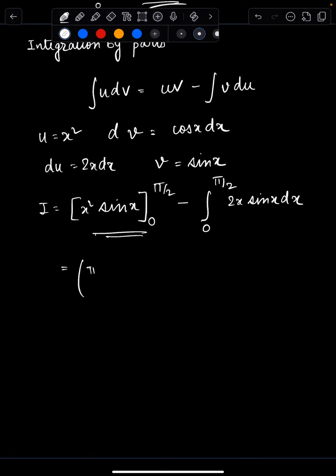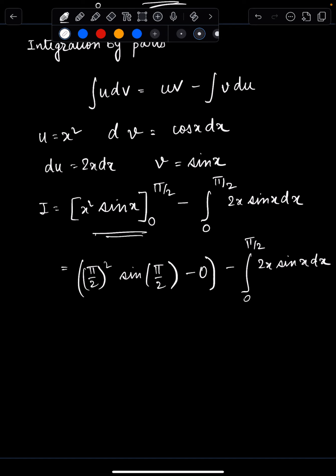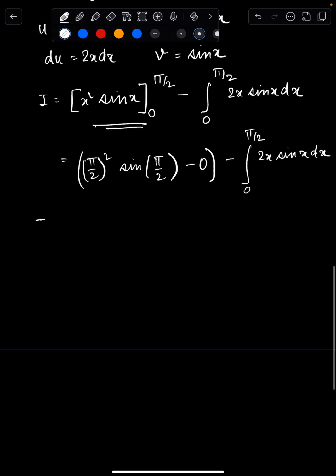So we have pi by 2 whole square sine pi by 2 minus 0. Okay, and what we have in the second part is integral 0 to pi by 2 of 2x sine x dx. Correct? So my final integral now looks like pi square by 4, because sine of pi by 2 is basically 1, minus 2 times the integral from 0 to pi by 2 of x sine x dx.